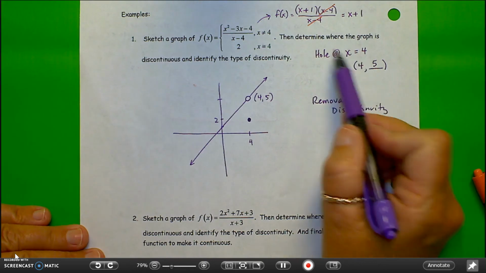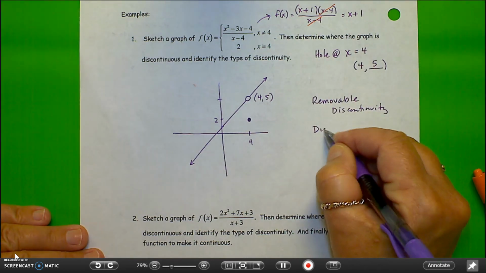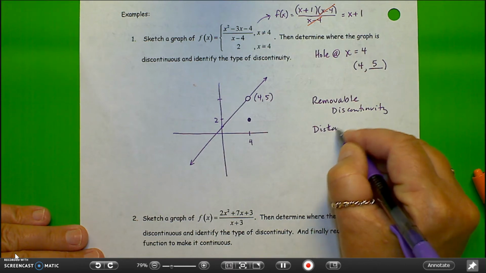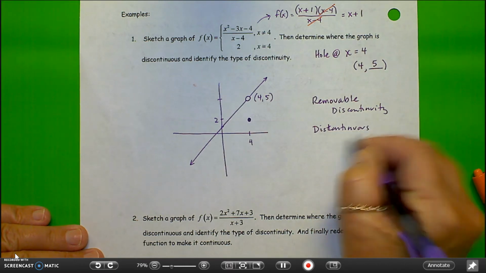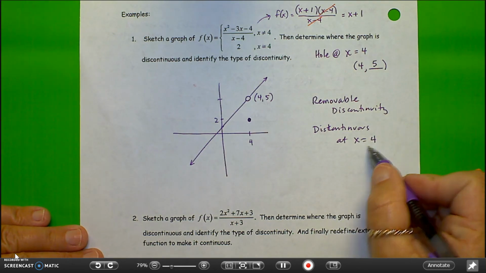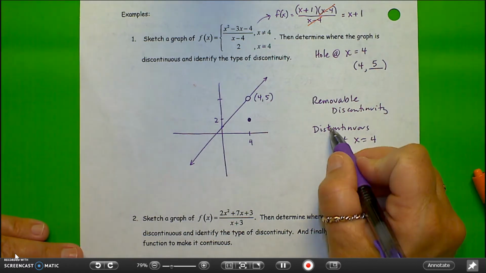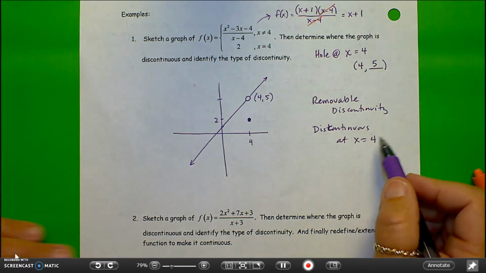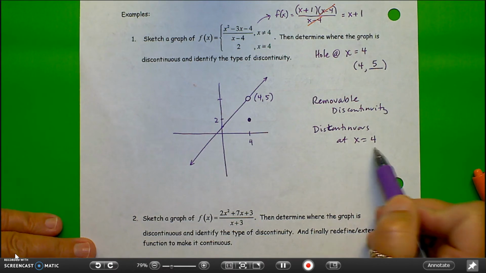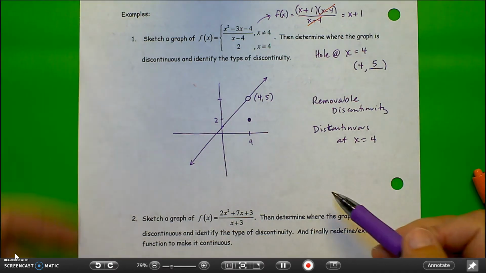The other thing it was asking is, where is the graph discontinuous? So I would report that it's discontinuous at x equals 4. I don't need the point for the hole. I just need the x value of where it is discontinuous. It's discontinuous because of the hole, but this is where it's located. Okay? And that's really all you need to do on this problem.